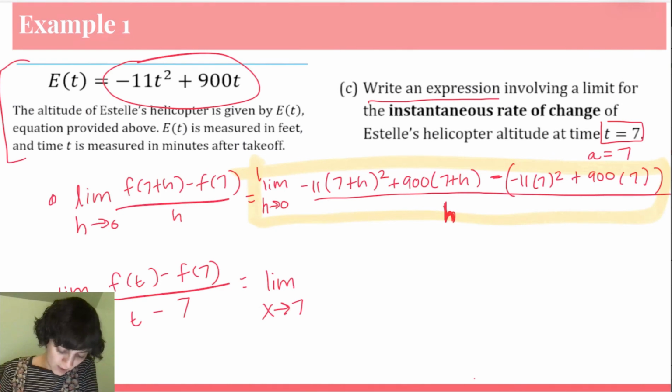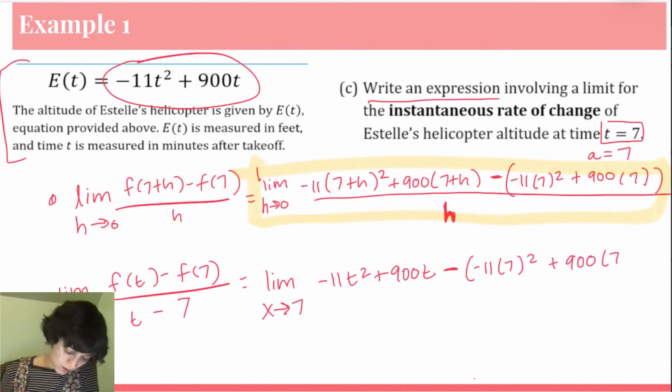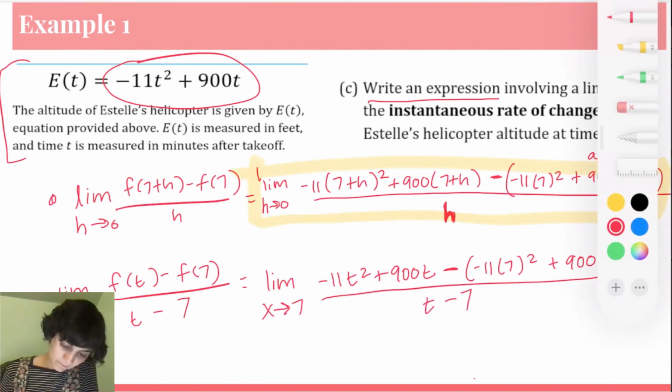So f of t is negative 11t squared plus 900t. And then I'm subtracting f of 7, so very similar to what I did in the upper equation. All over t minus 7.